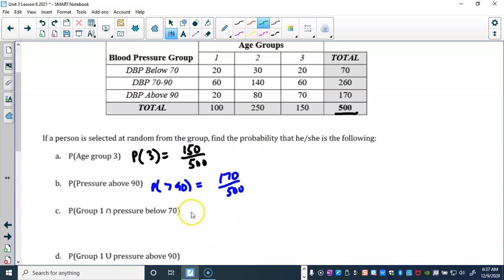The probability of being in group 1 and the blood pressure is below 70. So group 1 and below 70 is 20 out of 500.